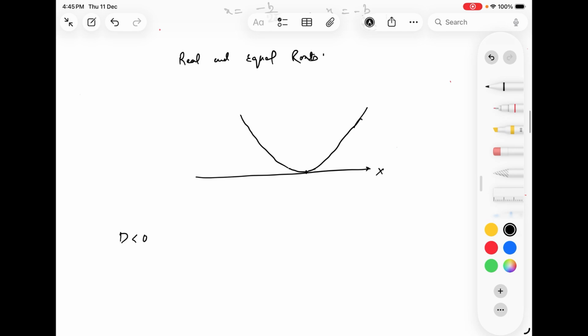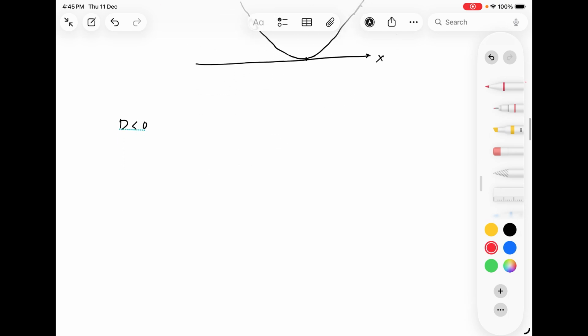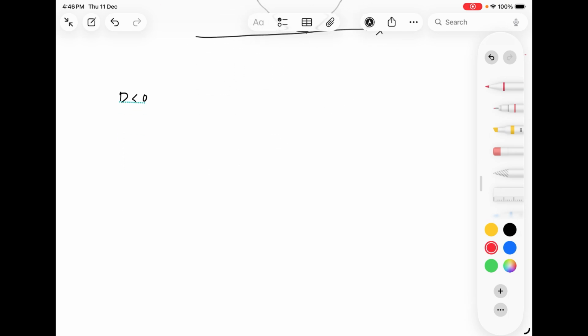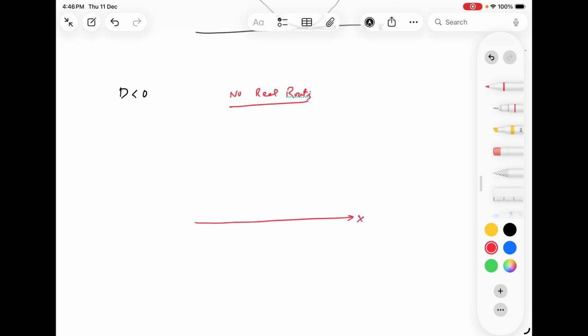Third case, when d is less than 0. When d is less than 0, then what happens? No real root, because we cannot have a negative number inside a root, right? It means the graph either goes up like this when a is positive, or it goes down like this when a is negative.